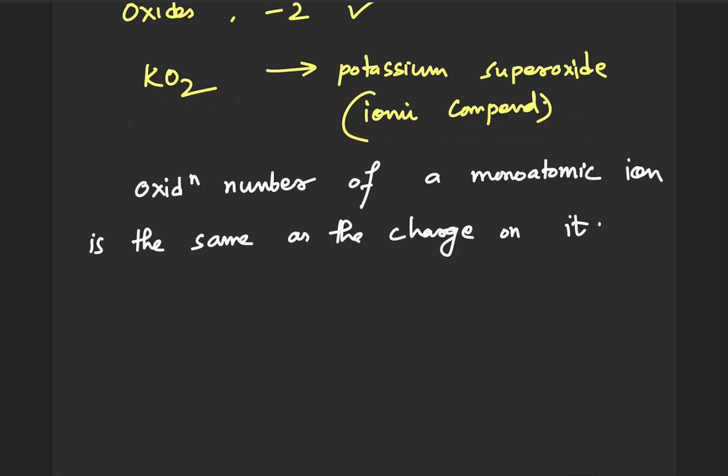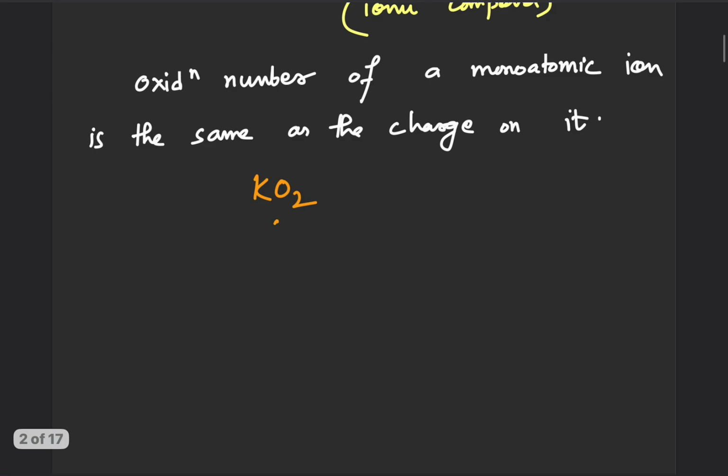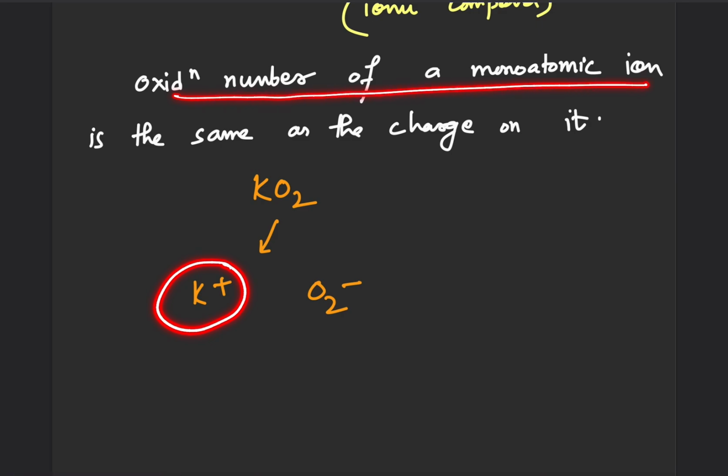So since we mentioned that KO2 is an ionic compound, KO2 consists of K plus ions and O2 minus ion because overall it is neutral, right? So the oxidation number of K will obviously be +1 because the oxidation number of a monoatomic ion is the same as the charge on it. Potassium exists as K plus, so its oxidation number will be +1.